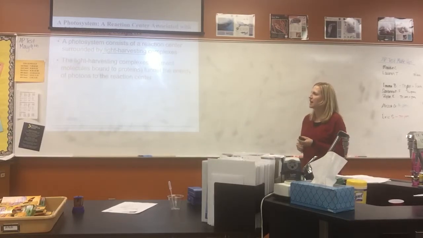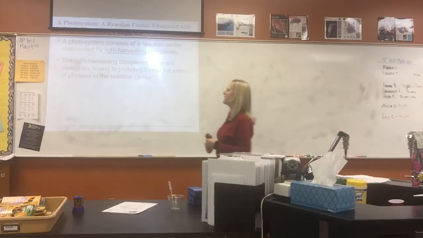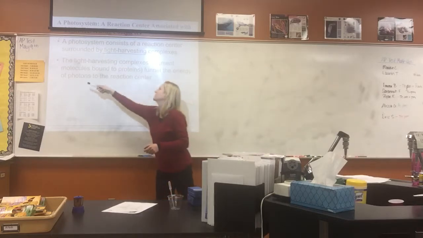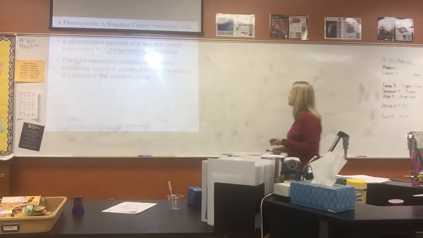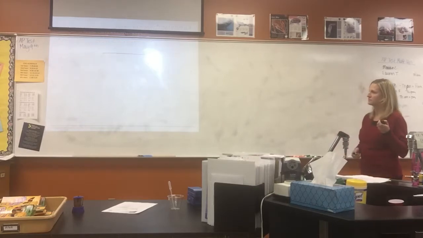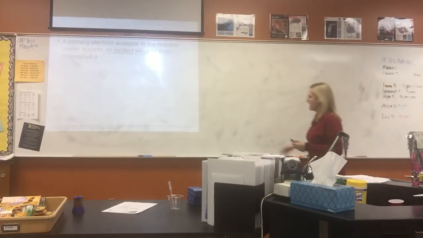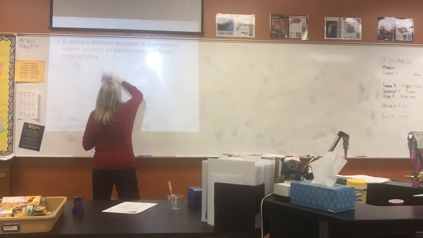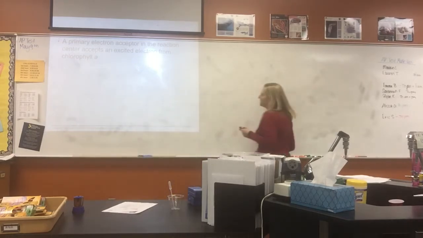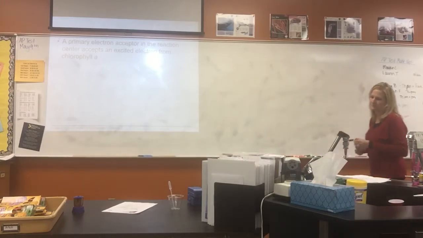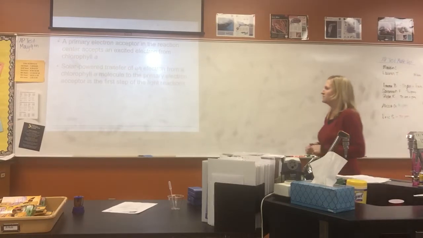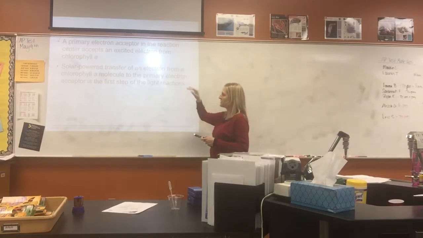The light harvesting complexes, pigment molecules bound to proteins, funnel the energy of photons, photons being light, to the reaction center. When the electrons get excited, a primary electron acceptor in the reaction center accepts an excited electron from chlorophyll A.